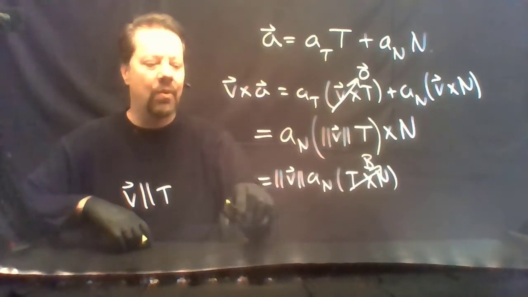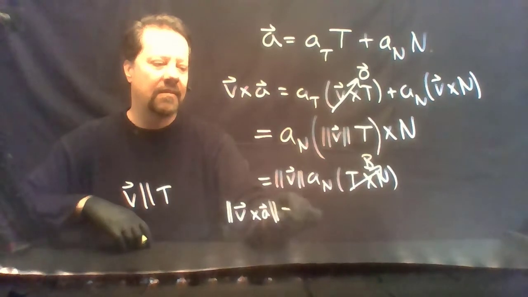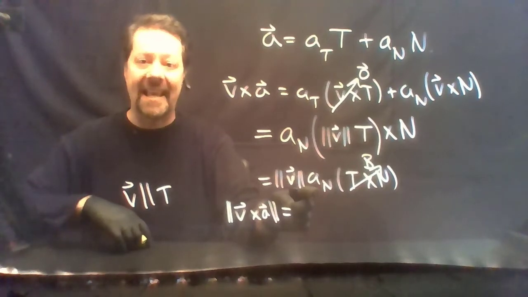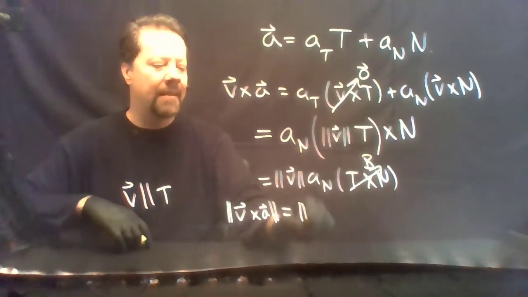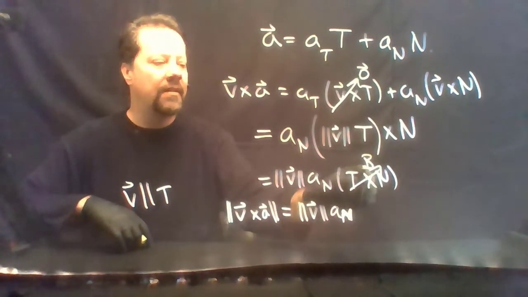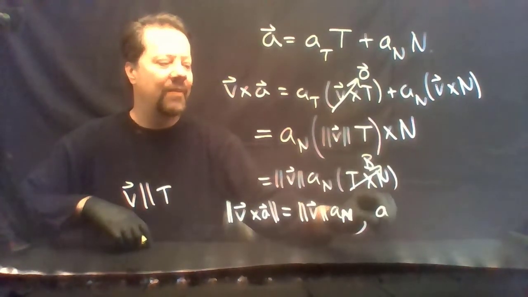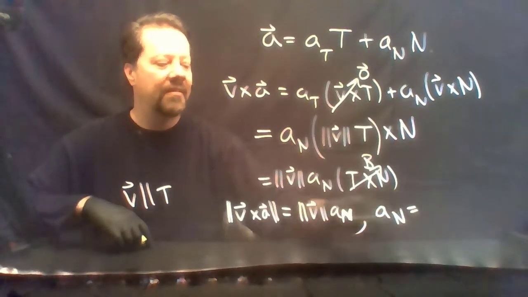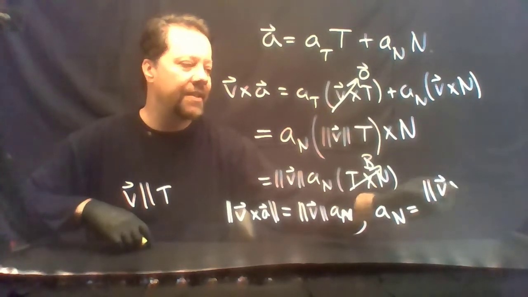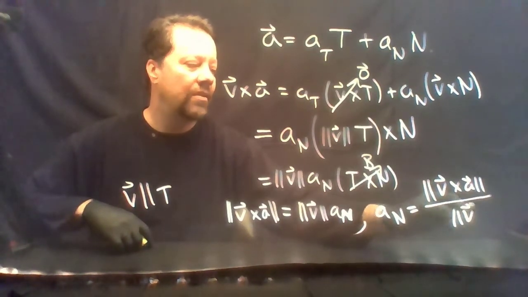If we now calculate the norm on both sides of the equation, these scalars come out of the norm in absolute value, but remember that A_N cannot be negative. So we get the norm of V times A_N. The norm of B, by design, is 1. We can solve this equation and find that the normal component of acceleration is the norm of V cross A divided by the norm of V.